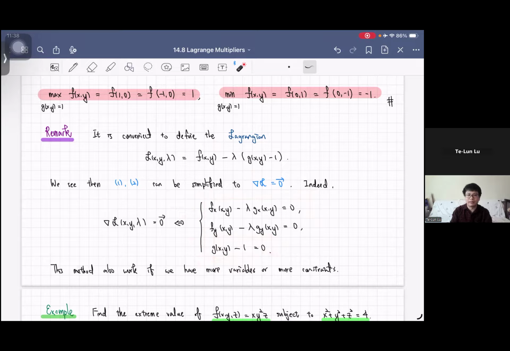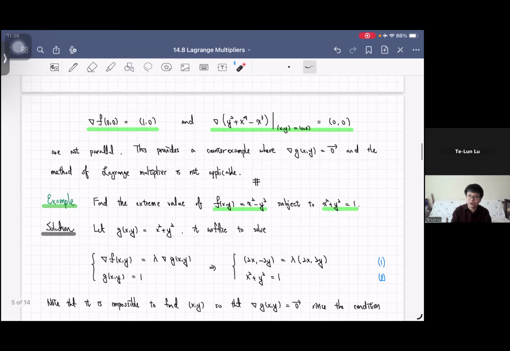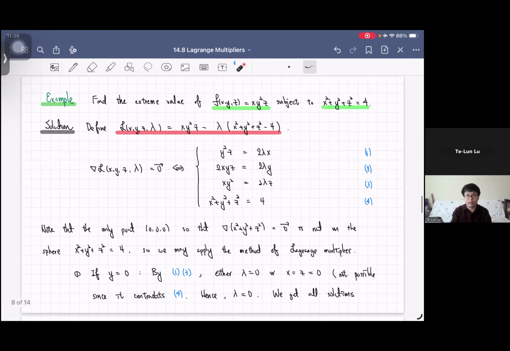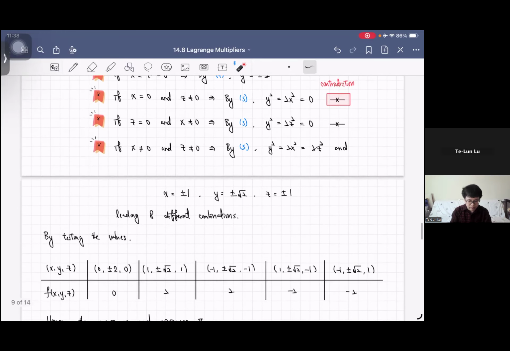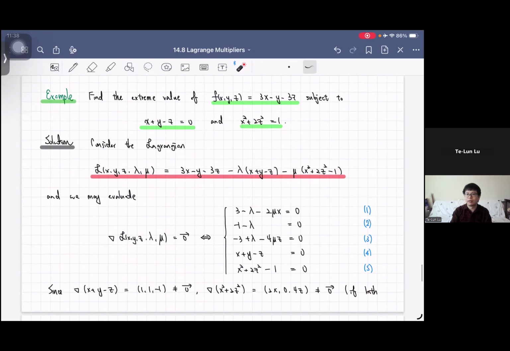And a really nice thing about this is that it generalizes to higher dimensions and also multiple constraints. In this case, we're dealing with a 2-dimensional function with one constraint. In this case, a 3-dimensional function with one constraint. In this case, a 3D function with 2 constraints. So it is actually really systematic.